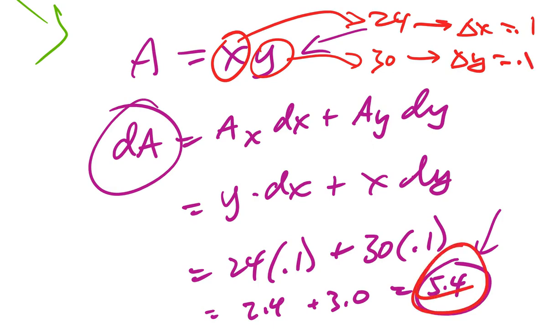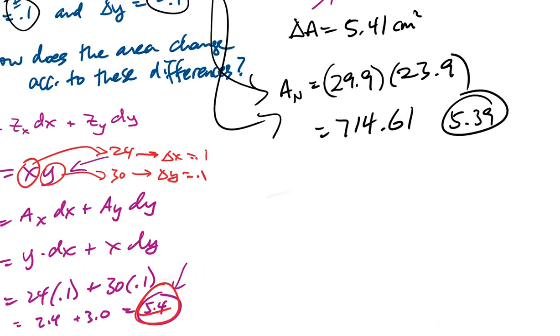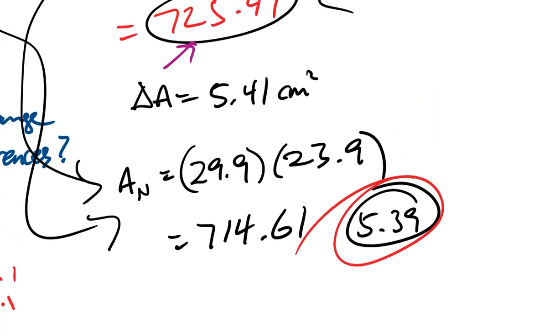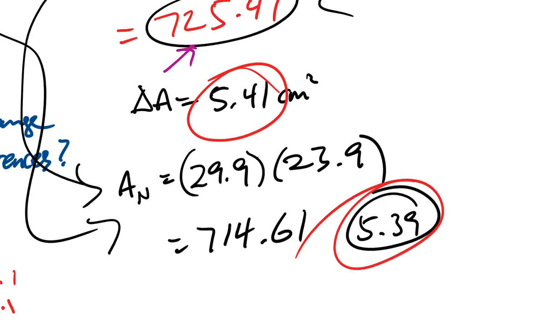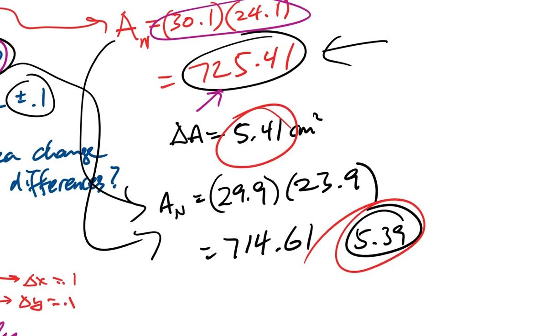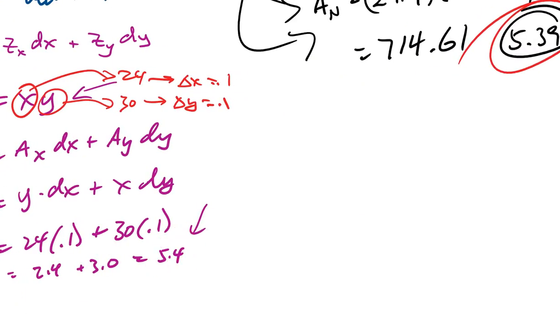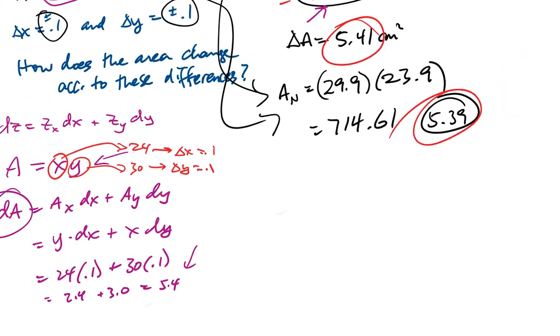So we got 5.4. Now, when we did that before with the actual, we got 5.39 and 5.41, right? So it just depended on which way we went, minus 0.1 or plus 0.1. So that's pretty darn good, this approximation. And if you notice, the work was a lot easier.